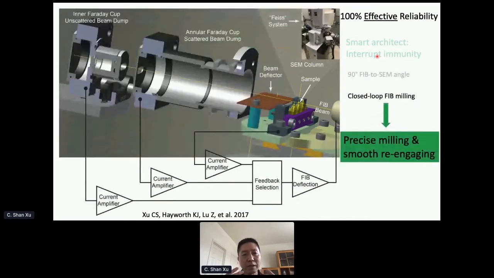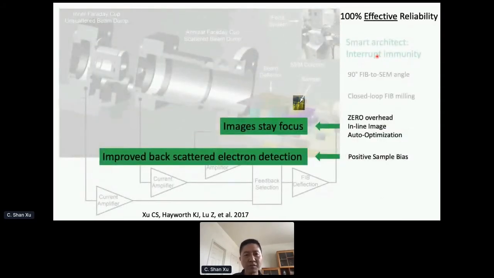We also implemented a closed-loop FIB milling control, and this is really crucial. That provides precise milling during normal operation, as well as smooth re-engaging after any of these interrupts. I also have this inline autofocus scheme that has no overhead, so it keeps the image in focus, et cetera.